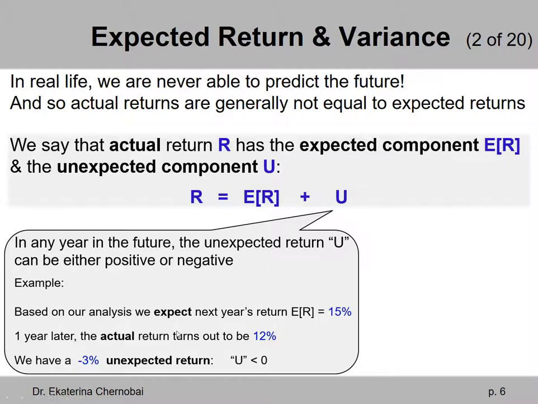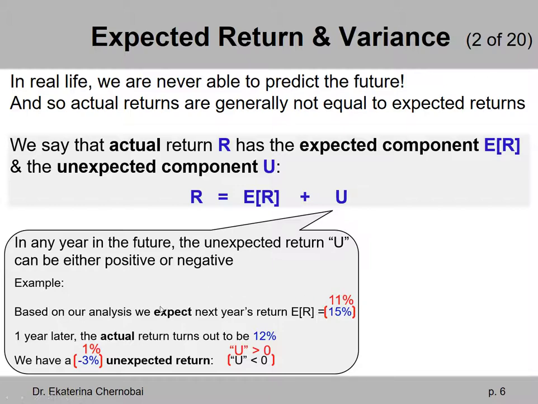And let's say that actual return is now 12%. So what does it mean? We thought the return would be 15%, but it ended up being lower than that, only 12%. It's 3% lower. So we say that the unexpected return component is negative 3%. Negative means that we received less than we expected, right? So we overestimated our return. We were too optimistic.